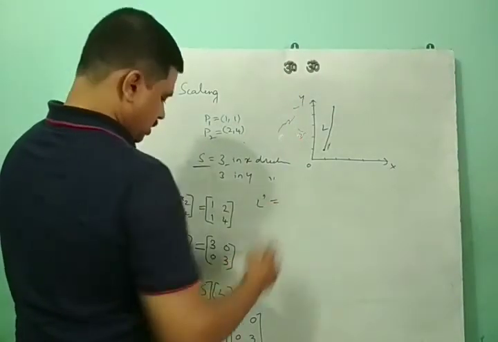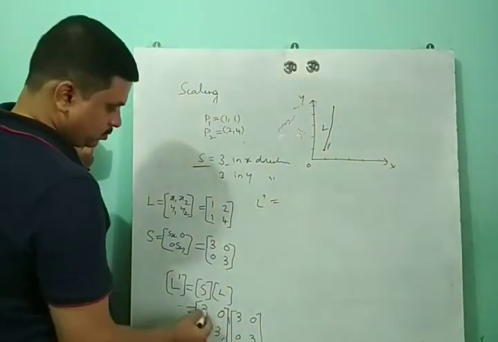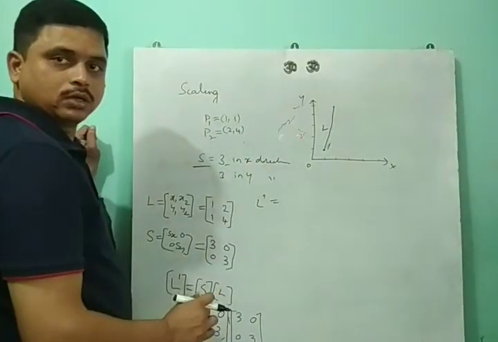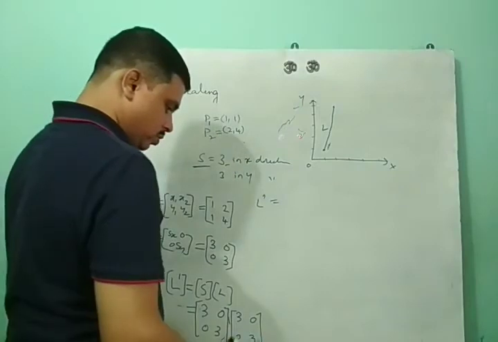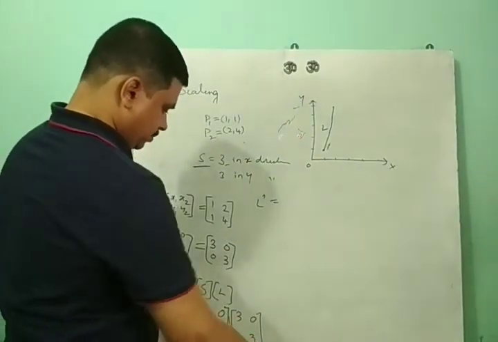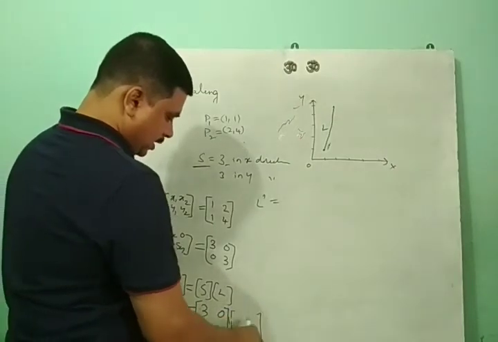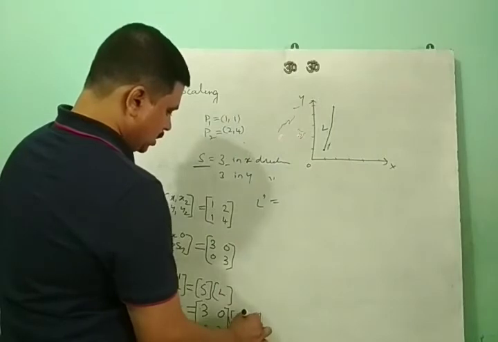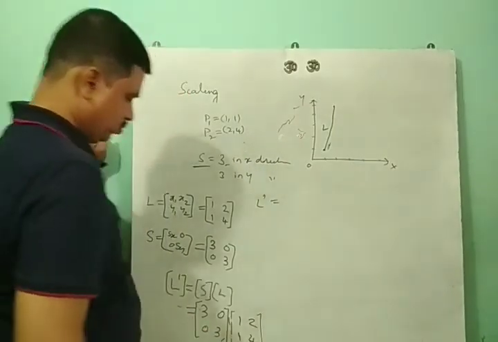So L dash is equal to the scaling matrix 3, 0, 0, 3 times the given line, 1 1 2 4.